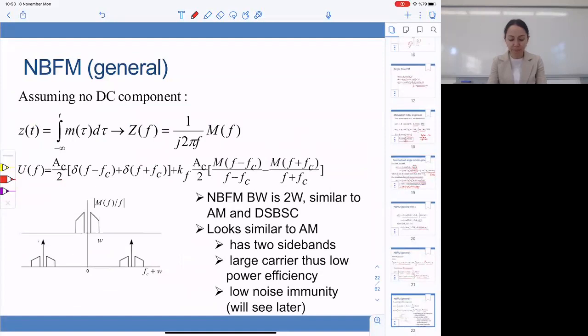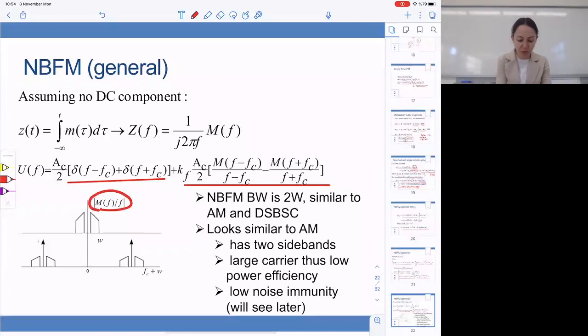Okay, so let's take a look at the spectrum visually to get an idea. We will suppose this is the original M of f scaled by f. We will have M of f scaled by f shifted to the right and to the left by fc. And we will have a carrier.